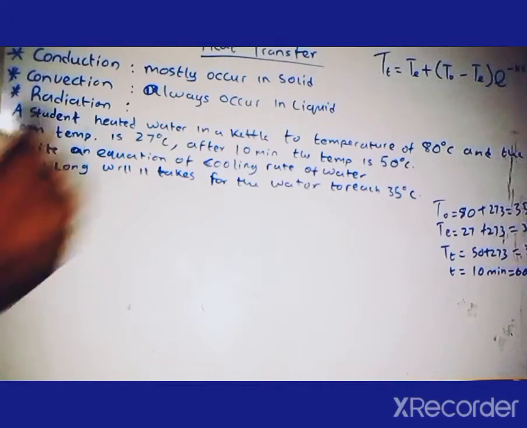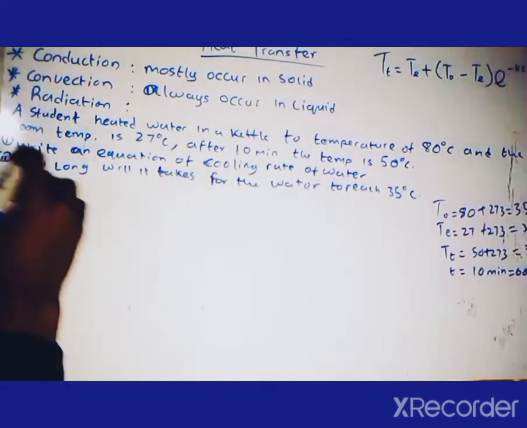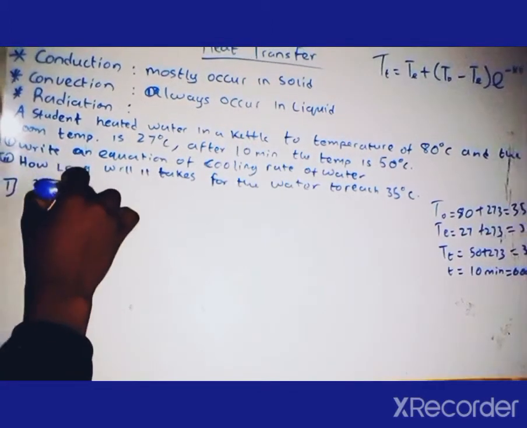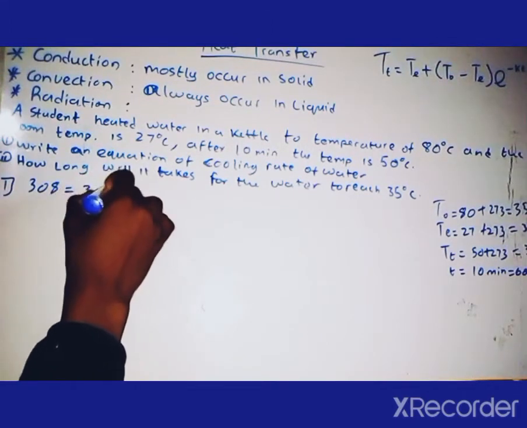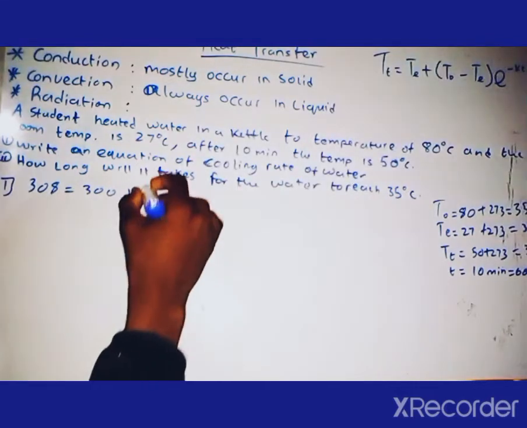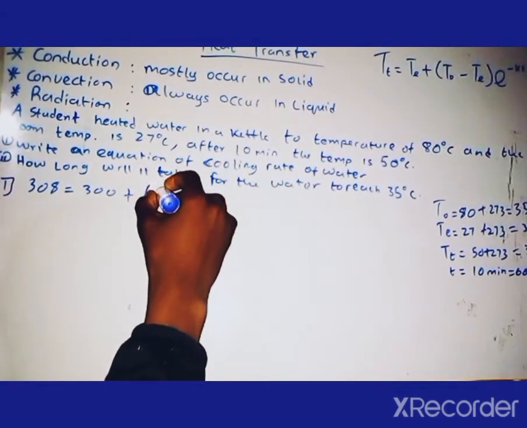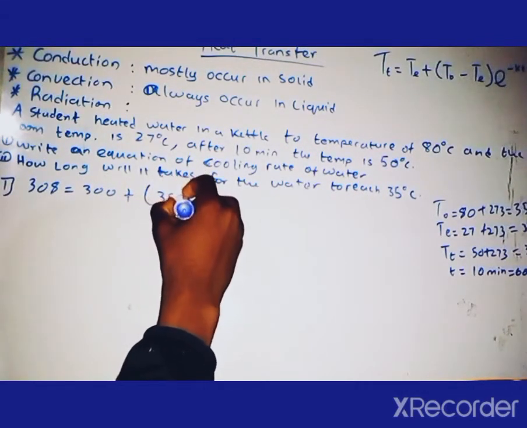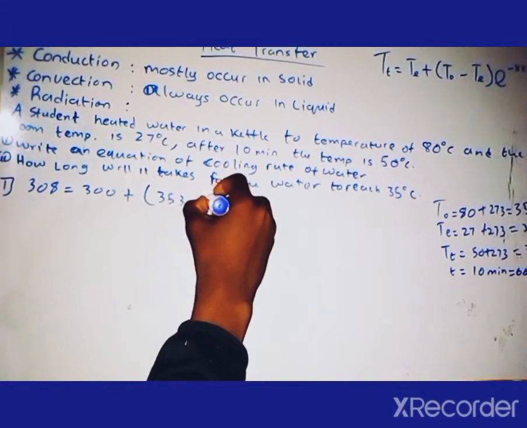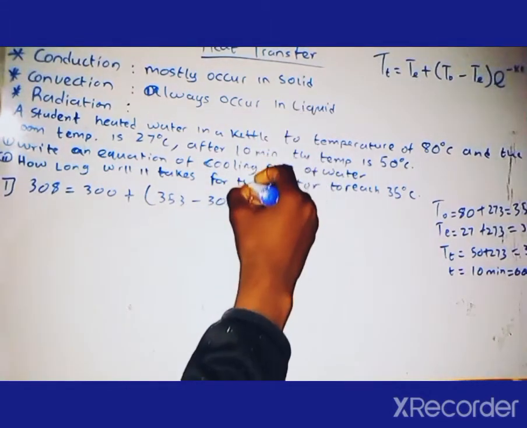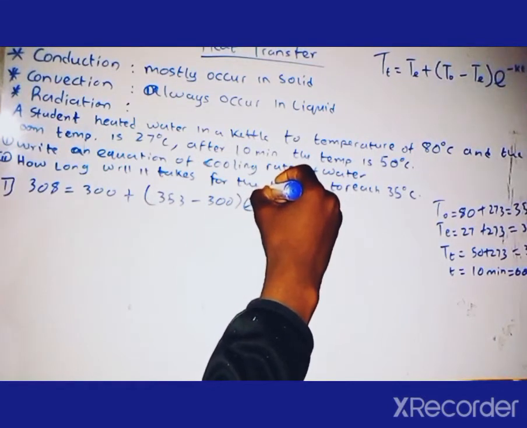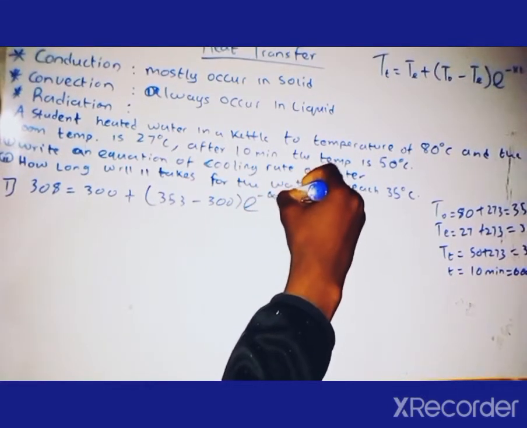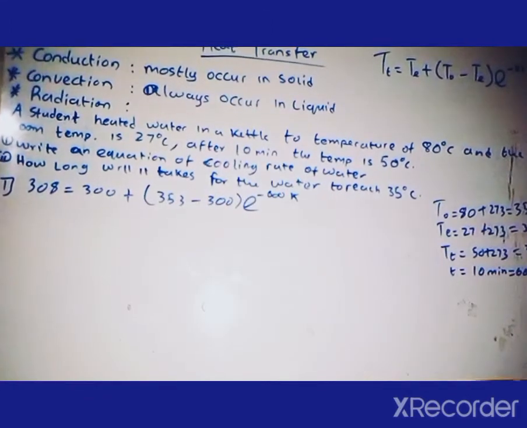Now we have T(t), that is 308, equal T_E, that is 300, plus into bracket T0, that is initial, that's 350, minus what? T_E 300, then exponential minus what? t is what? 600, then 9k. So this is the general equation. That is the answer.